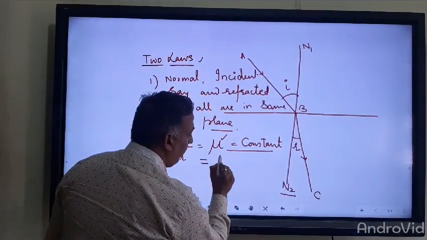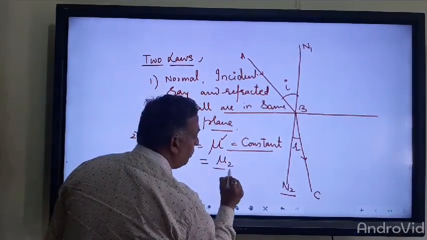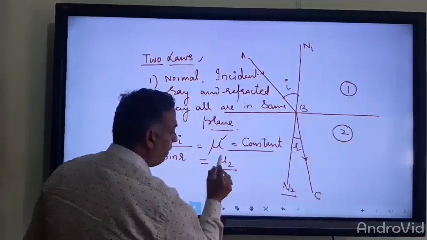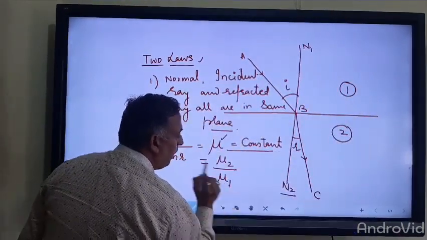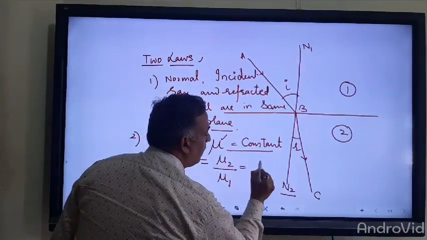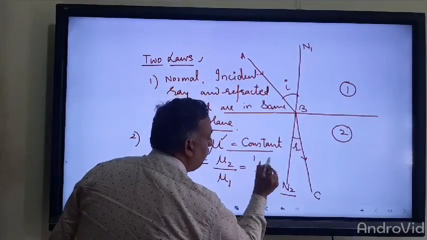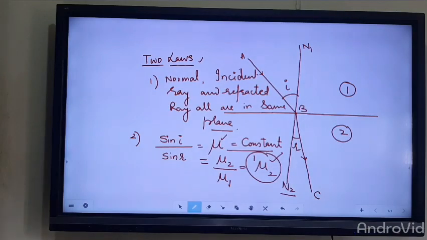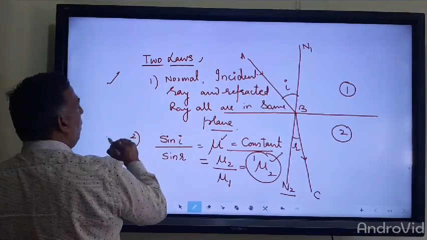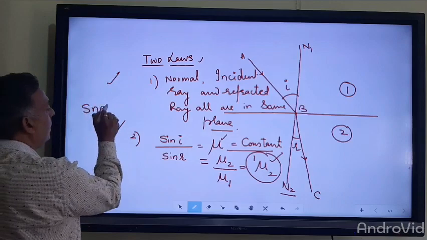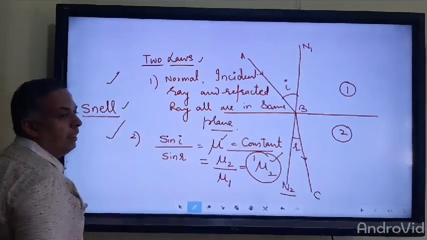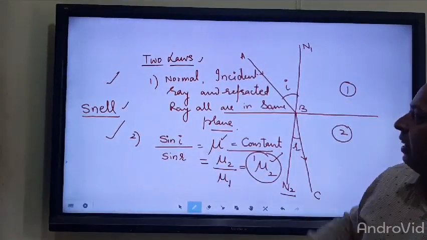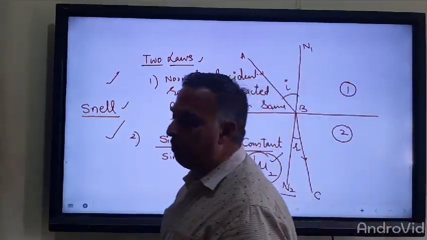This is the refractive index of medium 2 with respect to medium 1, denoted as mu 2 with respect to 1. So this value is constant. These are the two laws given by Snell. He was an astronomer, and he gave two laws for refraction to take place.